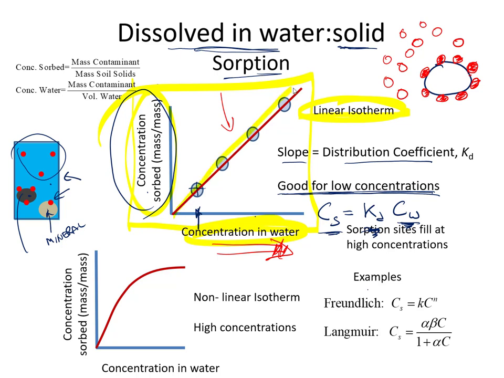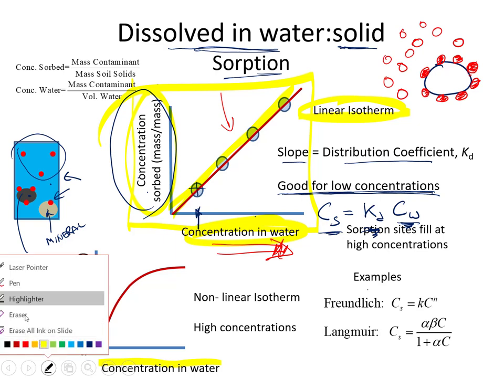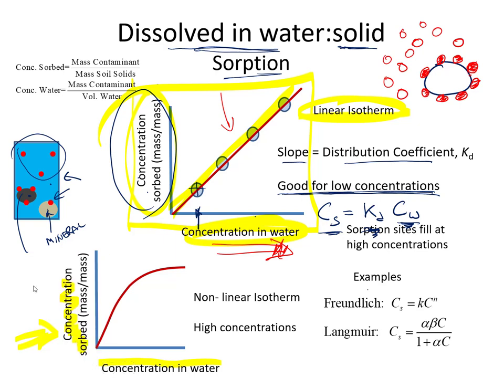And if it's linear like this, then it's a linear isotherm. So what I showed you up there was a linear isotherm, but what I'm showing you down here is the same axis. So it's concentration of the sorbed versus concentration in water. But what we see here is now it's nonlinear. And so this is an isotherm, but it's a nonlinear isotherm.